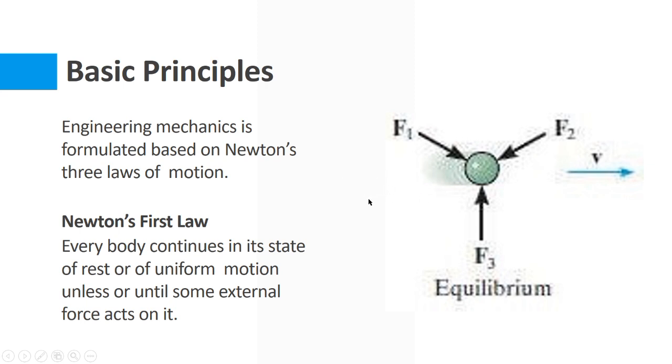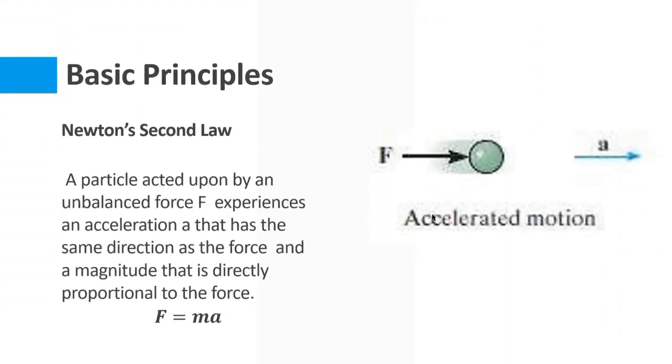So it is a very basic concept, and I think all of you will understand that Newton's first law of motion explains that any body which is at rest will remain at rest, and any body which is moving with a constant velocity will keep moving with a constant velocity, and this state of the body is known as equilibrium. If we apply some external force which disturbs its state of rest, or which disturbs its motion at constant velocity, then the body will not be in equilibrium anymore, and Newton's first law of motion will not be applicable in these kinds of systems.